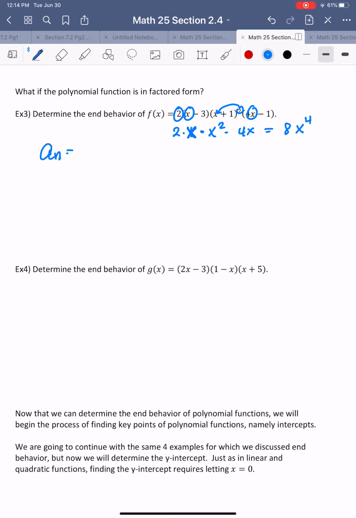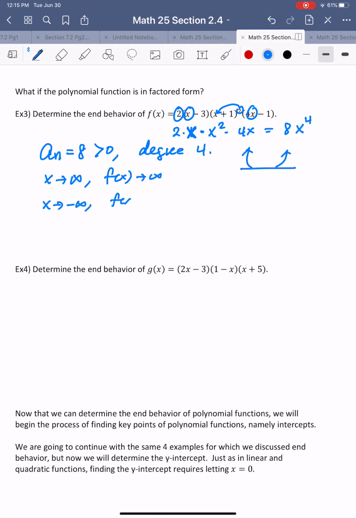So a sub n is 8, the leading coefficient, which is positive, and the degree is 4, so this one is going up for both cases, right? So when x goes to infinity, f of x goes to infinity, and when x goes to negative infinity, f of x still goes to infinity.